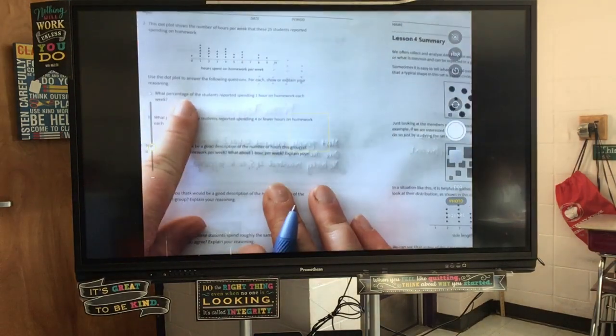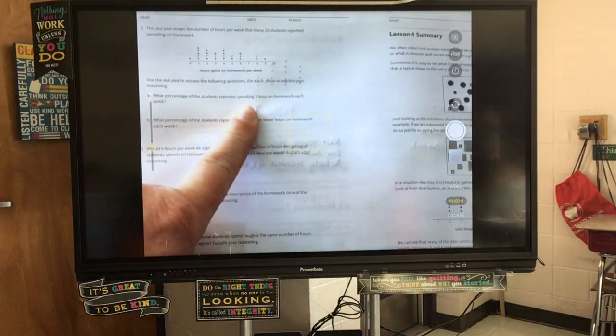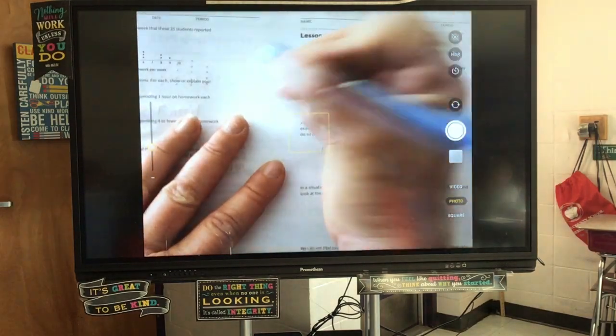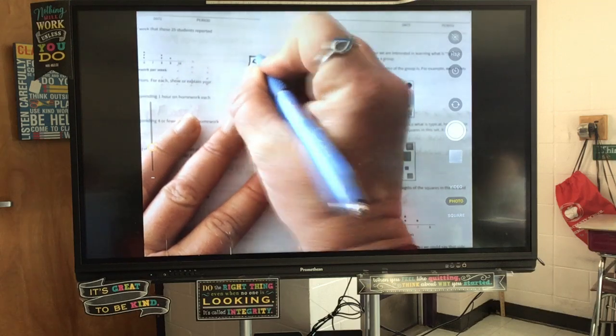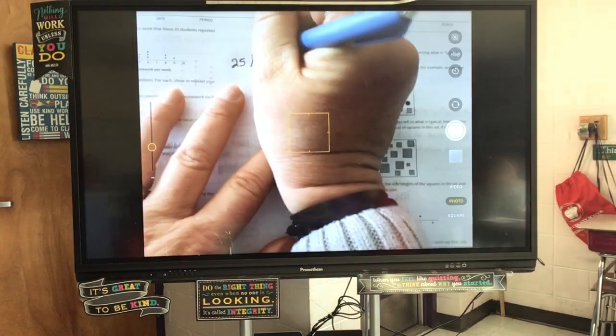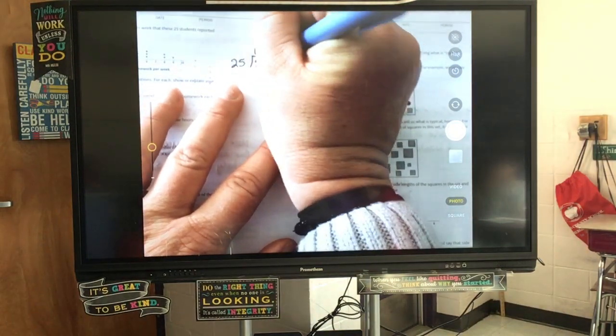So how many people studied for 1 hour? Don't tell me the percentage, just tell me how many people. 5. So we're looking at this data set right here. Over here, I'm gonna show my work. We'll do 5 divided by 25. Obviously, that's not gonna work. It's taking us way back to division. I'm gonna put a decimal, bring it straight up, and then add a 0.